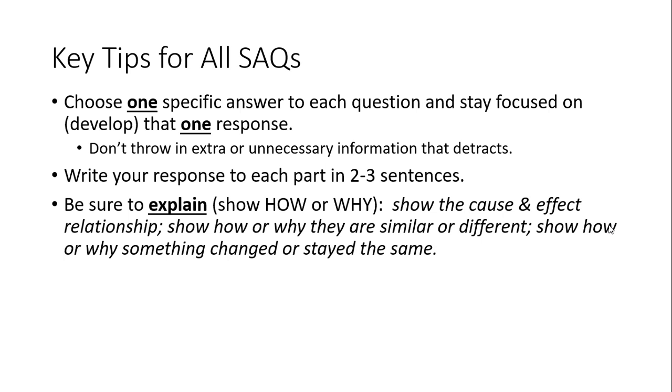How that cause, say slavery, for example, was a cause of the Civil War, how it led to differing opinions on whether or not slavery should be legal, and how those divides led ultimately to Southern secession. And then, it's explaining what's happening, but showing how, why, really developing that cause and effect relationship.